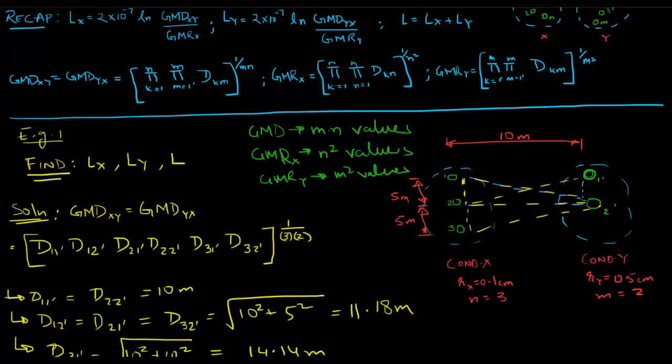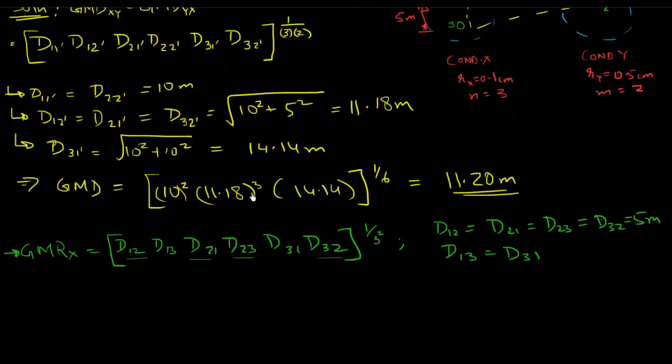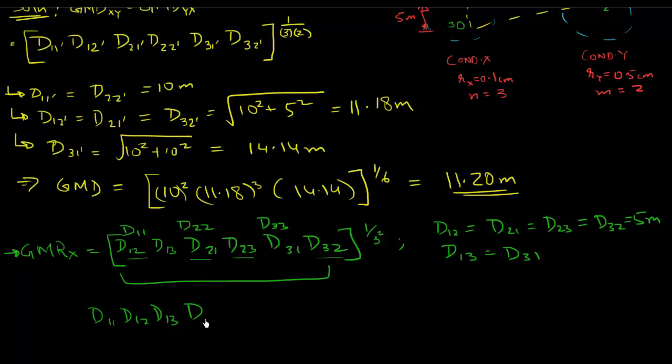I'm missing all these self GMDs, right? So you're missing d11, you're missing d22, and you're missing d33. So this is actually d1 of 1, d1 of 2, d1 of 3, d22, d21, d23, d33, d31, d32.